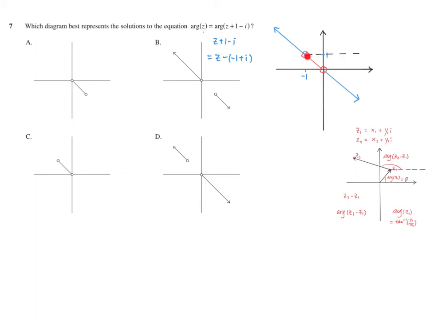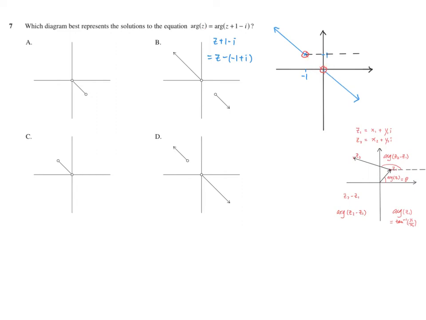But how about the red part of this straight line? Can we take Z from here? Seems not, because let's say if I take Z here, then the argument of Z should be this one. But the argument of Z minus 1 plus i should be this one. This is a negative value, while the argument of Z is a positive value, and they cannot be equal.